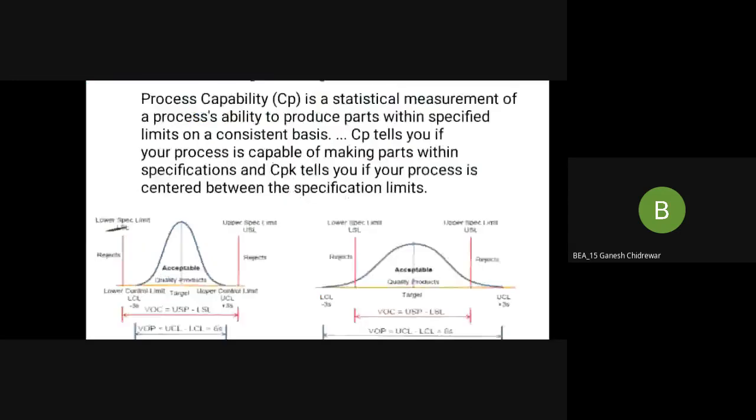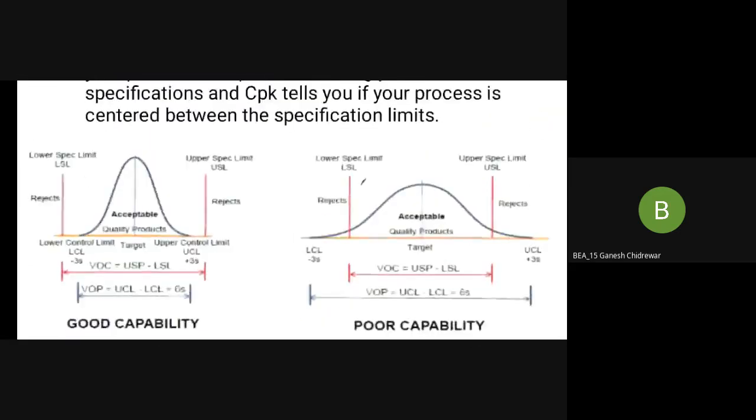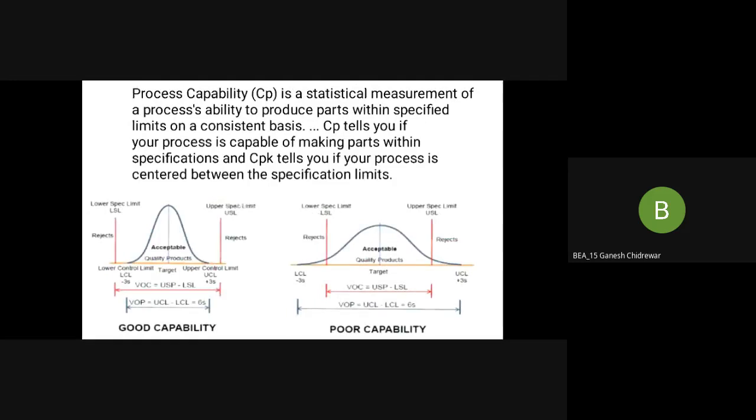Now there are some targets. Good capability and poor capability: good or bad, in terms of capability. The capability of each and every machine, each and every human being is different, according to the number of variables there may be.